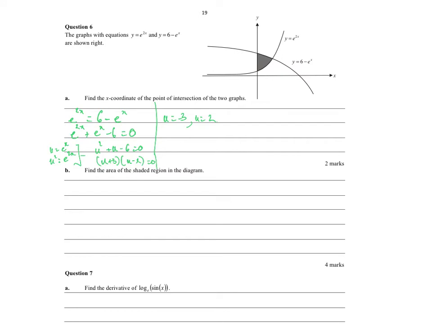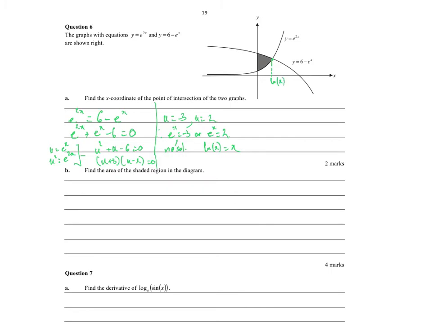Now, since u equal e to the x, e to the x equals negative 3, or e to the x is equal to 2. This one has no solutions because e to the x can't be negative. If I change the base here, I get natural log of 2 is equal to x. So that's the x coordinate. So that point there is at the point natural log 2.